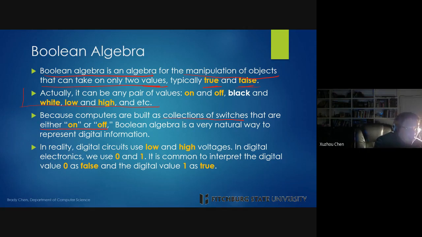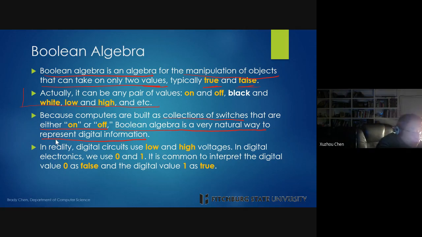In our life you can have a switch for the light, which you turn on and off. But the computer switch is not a physical switch like that. It's an electronic switch. So Boolean algebra is a very natural way to represent basic digital operation.